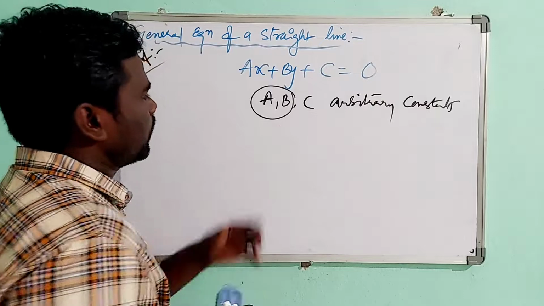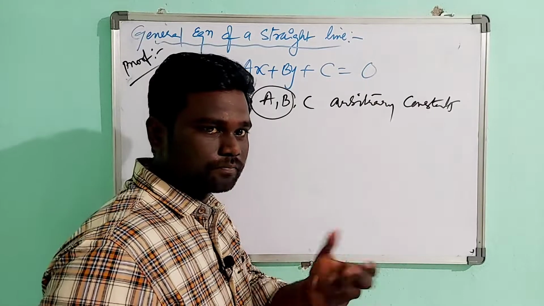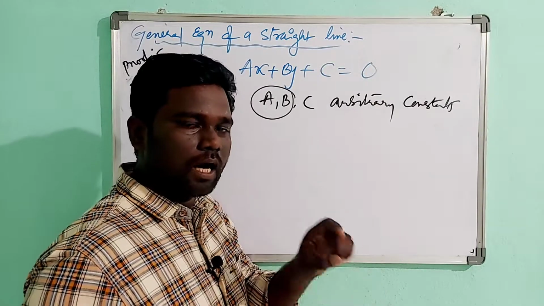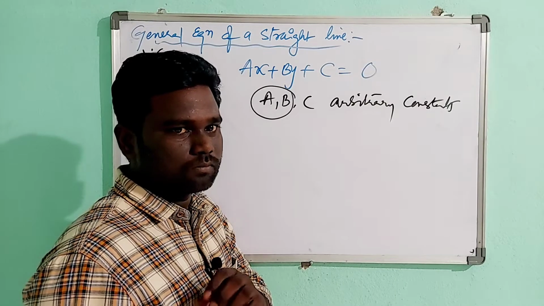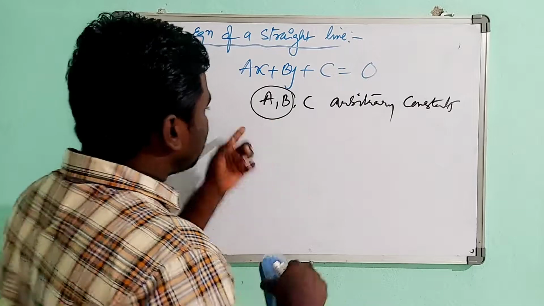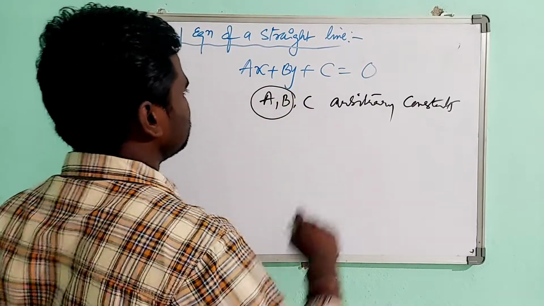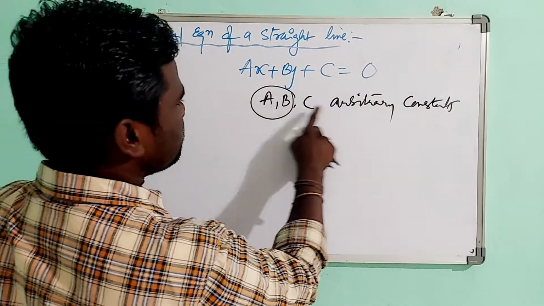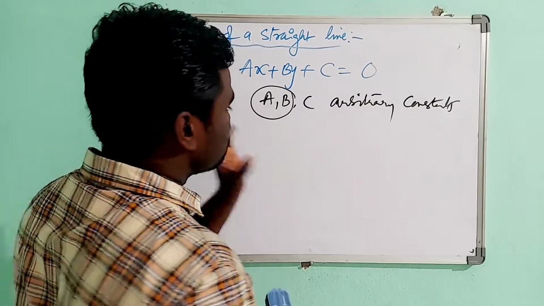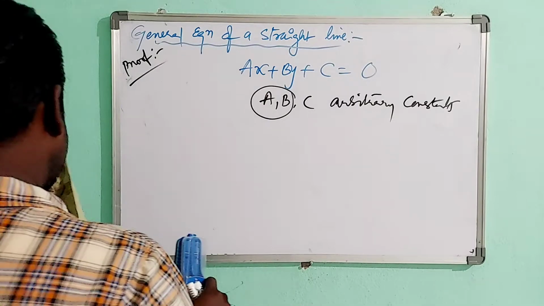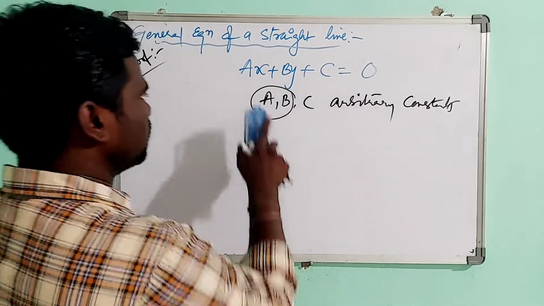Why? Because these two should not be zero at the same time. Either a equal to 0 and b not equal to 0, or a not equal to 0 and b equal to 0, that may be possible, but both cannot be zero simultaneously.